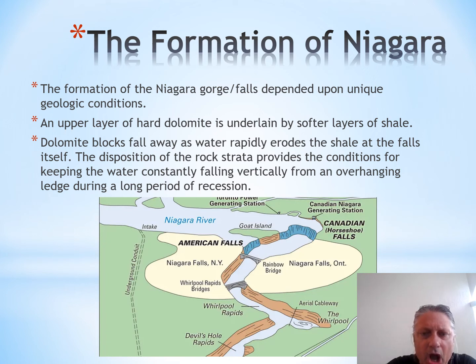The upper layer is hard dolomite, and then the lower layer of the rock is shale, which is softer. And what happens is it's retreating, it's changing through erosion, and the lower half erodes slightly faster than the upper half, creating that cascading effect.